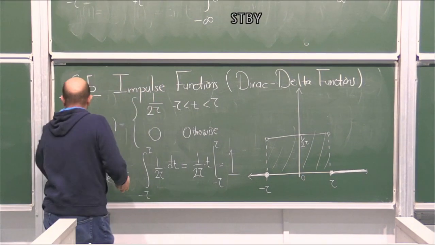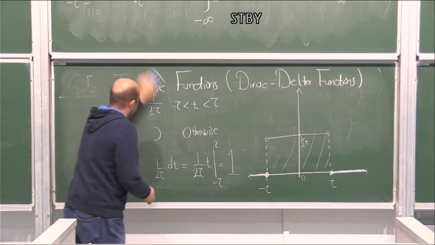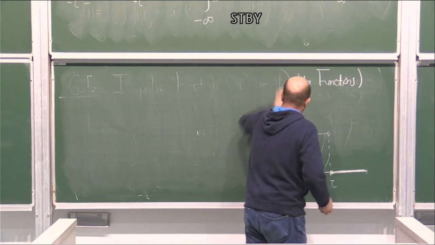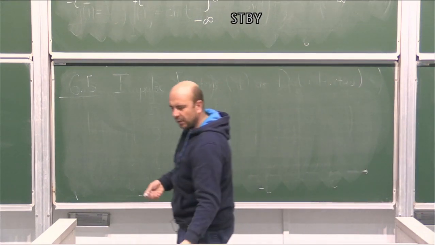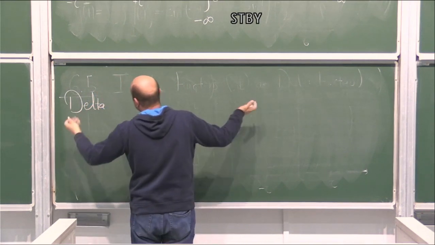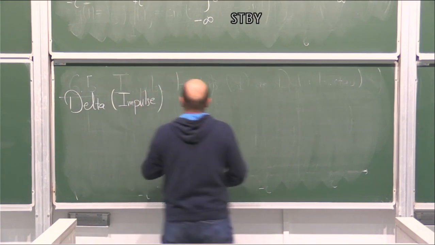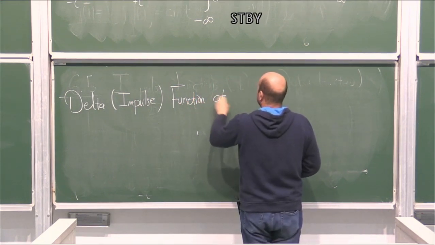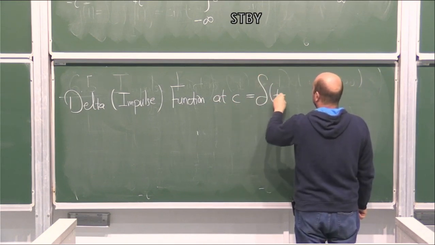So you can write its shifted version. Let me write it the following way. The delta function, or impulse function, at c is written as the shifted one.